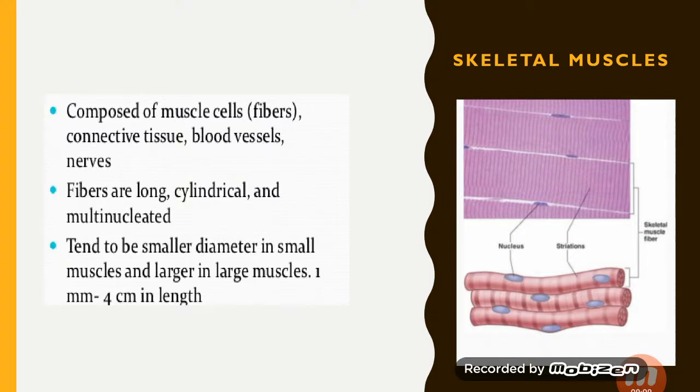Now you can see in the diagram the skeletal muscles and their ultrastructure. This is not basically the ultrastructure, but you can see the more detailed structure. Skeletal muscles are composed of muscle fibers, which are composed of blood vessels and connective tissues.